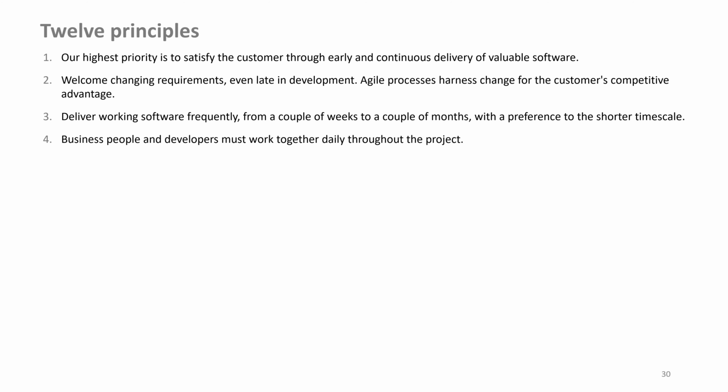Business people and developers must work together daily throughout the project. Better decisions are made when the business and technical team are aligned.